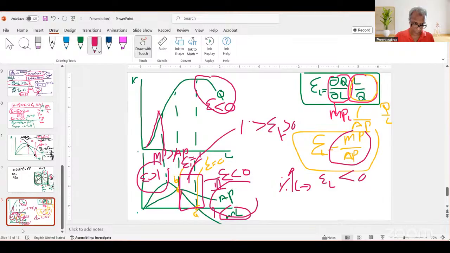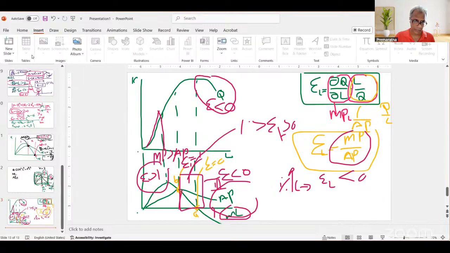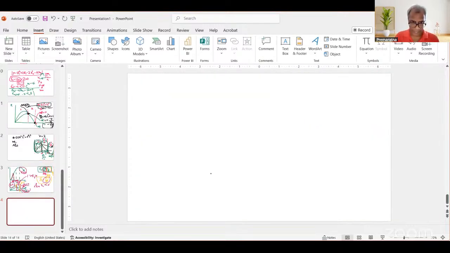I think you understood. Now, when you come to the long run, we also have to understand the behavior of producers, how they take the decision in the long run.